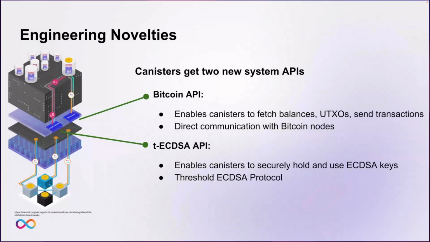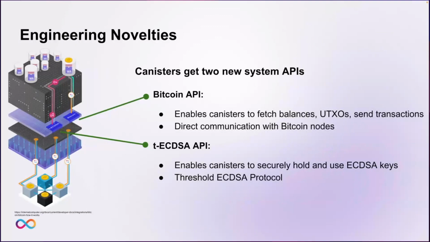The integration allows canisters to fetch balances and UTXOs and send transactions on the Bitcoin network. The second hurdle was the development of a protocol suite for chain key ECDSA signatures, including protocols for threshold ECDSA signing, key generation, public key retrieval, and others.